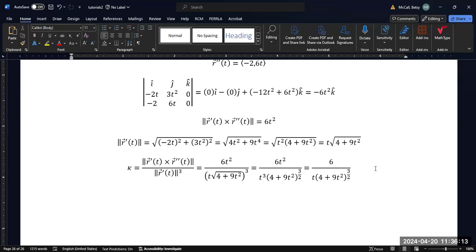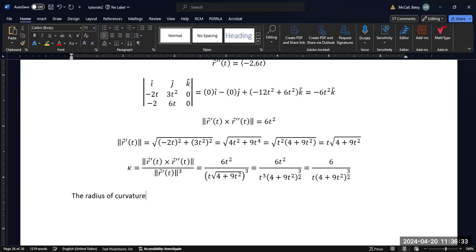Now, the curvature is related to essentially how quickly the curve is changing. And so sometimes we think of this in terms of the radius of curvature.